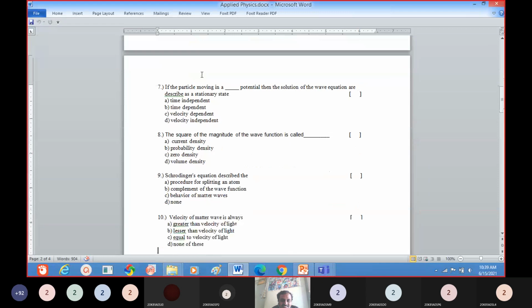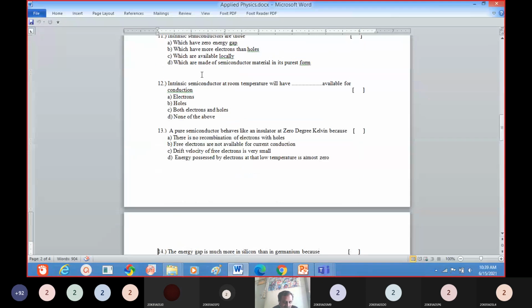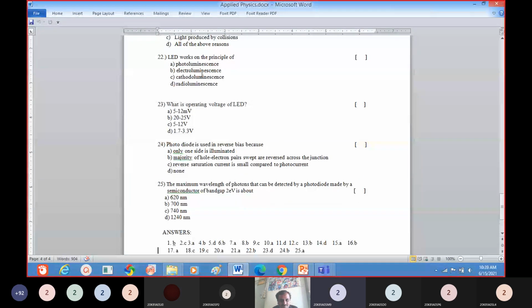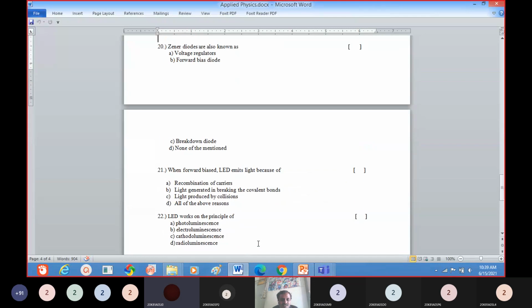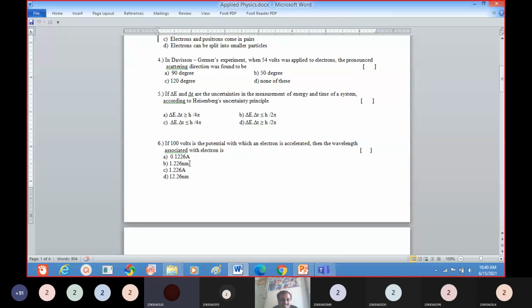So option B is correct here. Check the formula just now once. I checked the textbook, sir. It gave 12.26 by under root of V Angstroms itself, sir. Okay, I will discuss with the other faculty and try to make the correction on that key.